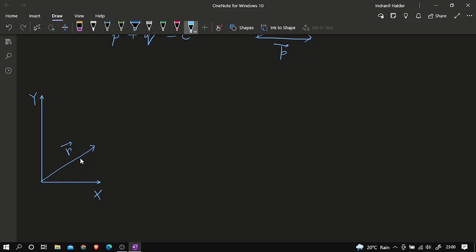Like if this r vector has the component in the x direction which is rx, and in the y direction which is ry. Okay, so then we can write that this r vector equals rx i cap plus ry j cap.